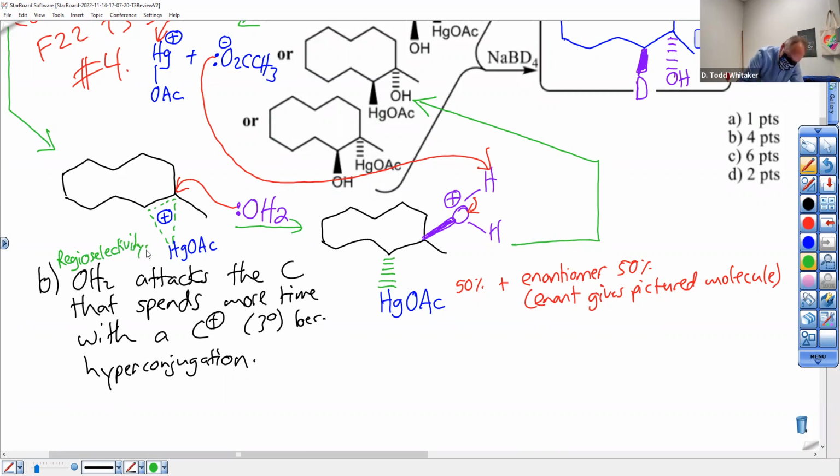Regioselectivity. What about the stereoselectivity? Just use the magic words with the attack. Backside attack always gives anti-stereoselectivity is all I'm going to write.